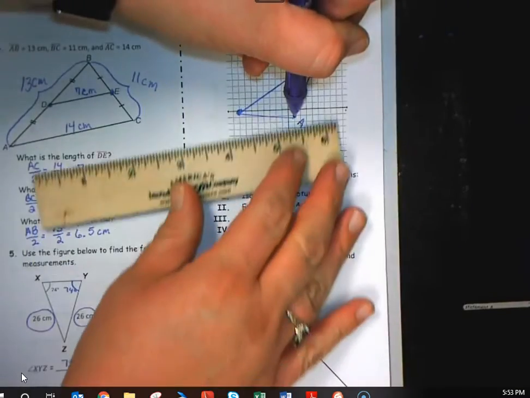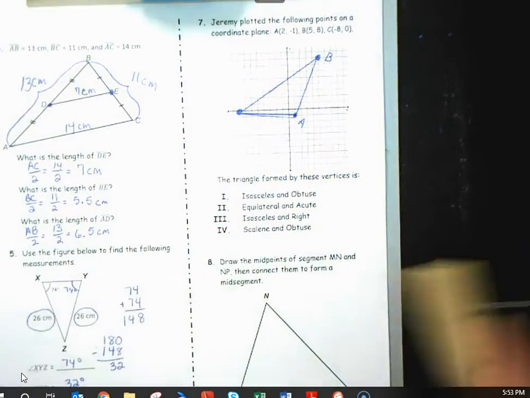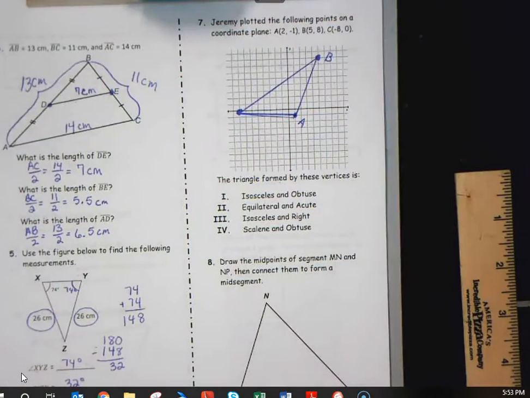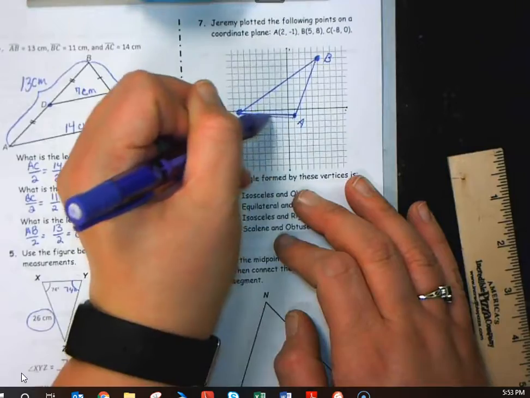All right, let me go ahead and fix this one. There we go. Now we can look at this one and we can see that it's obtuse. That definitely isn't a right angle. Those aren't acute. So if that biggest angle were a right angle, it would go like this.